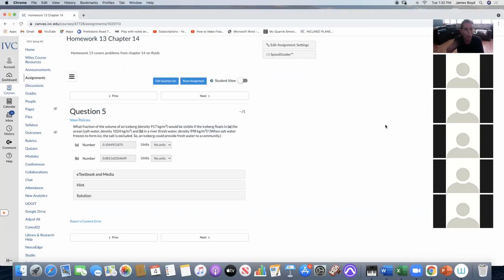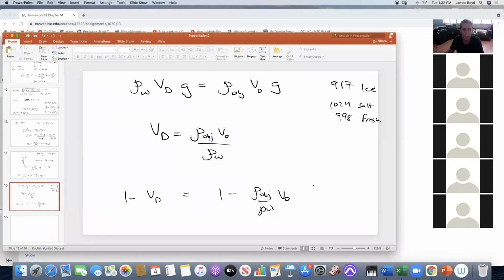All right, so for the first one, when it's in salt water, that would be 917 over 1024, or 0.8955 of V naught, 89%. So if I subtract 1 minus this answer, the portion above would be 0.1045, or 10.45%.